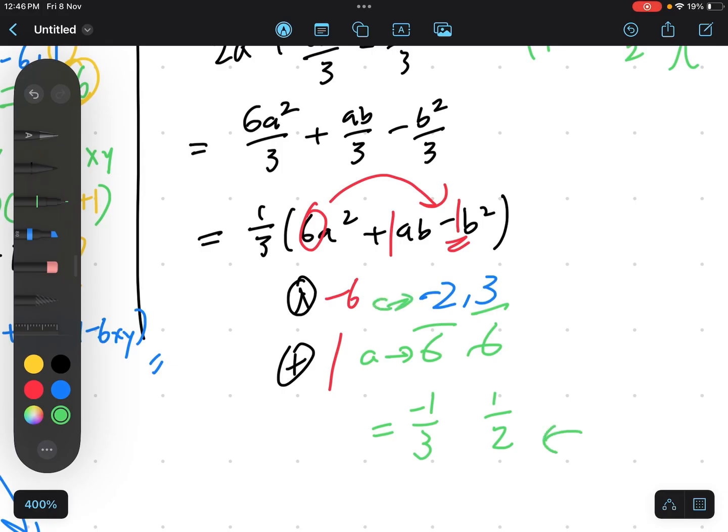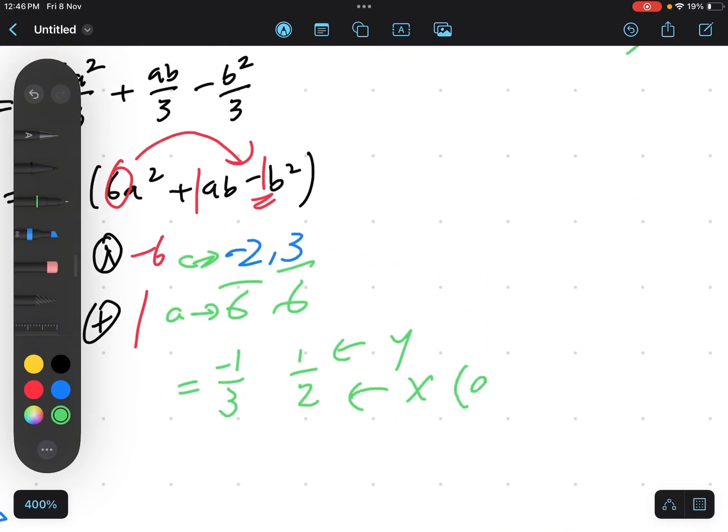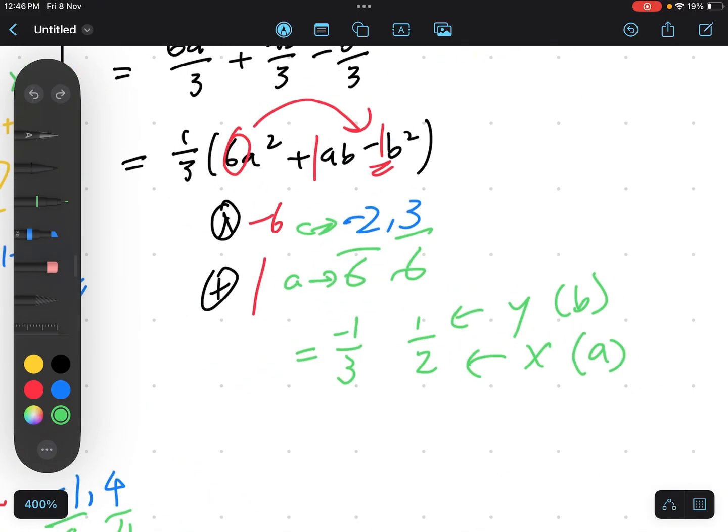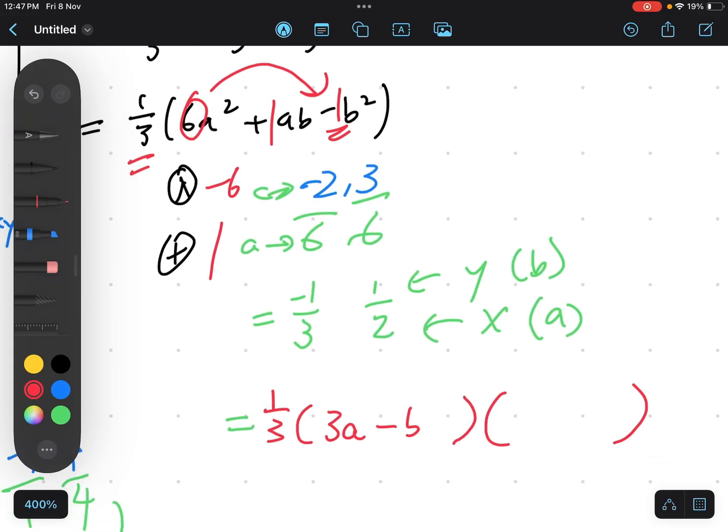So with this one will be a, and here will be x, and this one will be y. And this, in this case, is a and b. So now we'll equal, and we'll write down two nice brackets with 1/3 at the front. Remember about the 1/3. So we have 3a minus 1b, and again we have 2a plus b, or plus 1b.